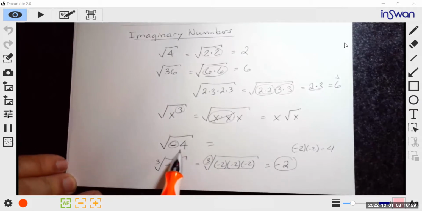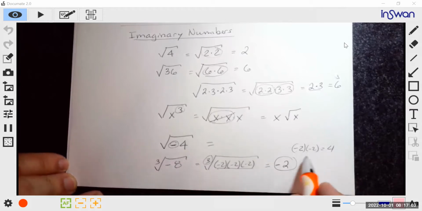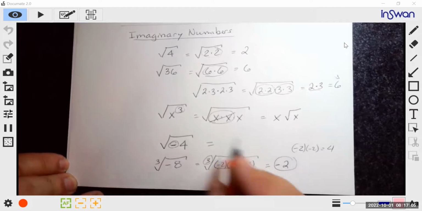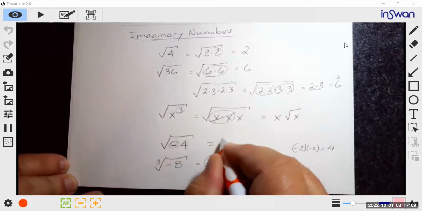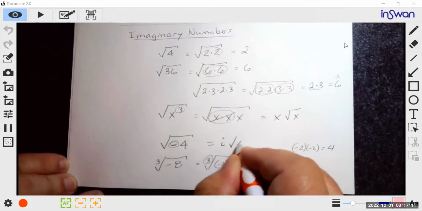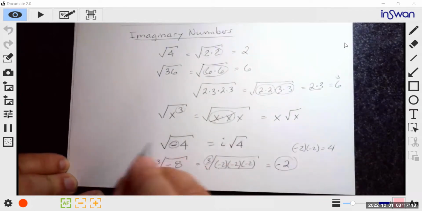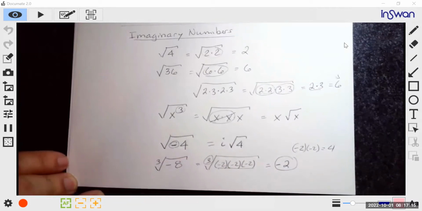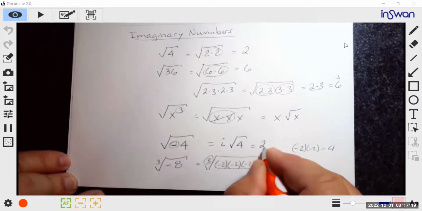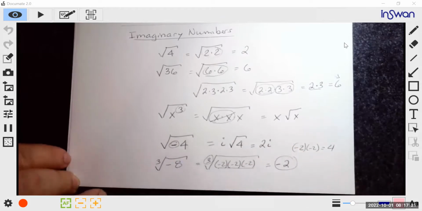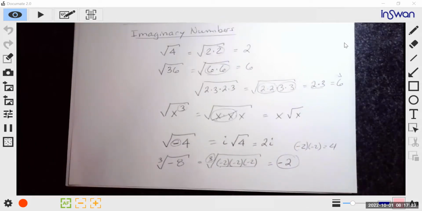But the problem with the square root of -4 is that there is no number multiplied by itself that equals -4. So that's why whenever we have a negative inside a square root, we take out that negative and make it into an i. So now we have the square root of 4 is 2. That's where imaginary numbers come from.